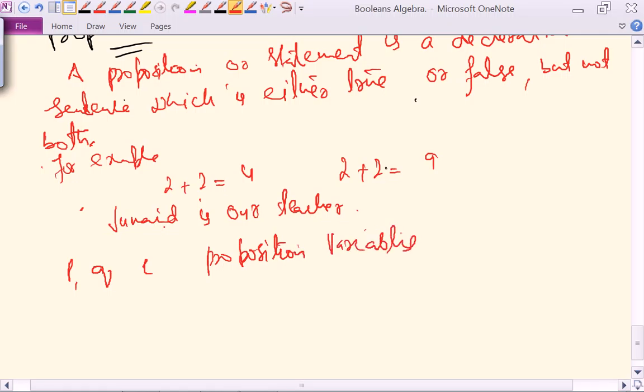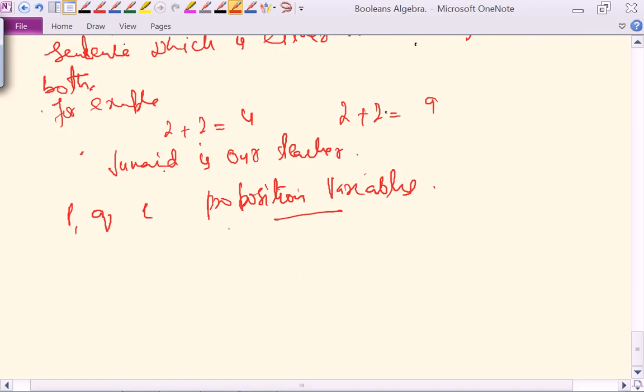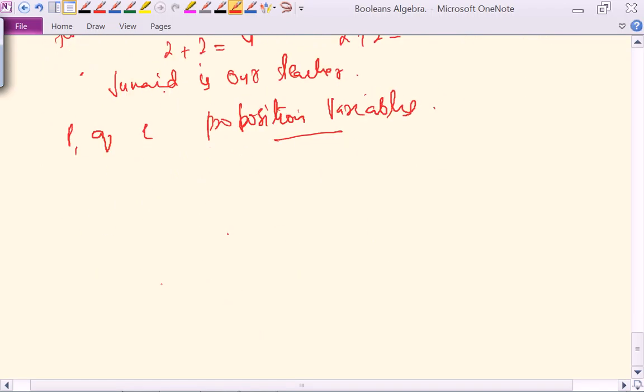We need these to represent them in mathematical terms, because we cannot use English sentences like that. They could be true or false, represented by T or F. We could also have composite or compound propositions, which are made up of many propositions.